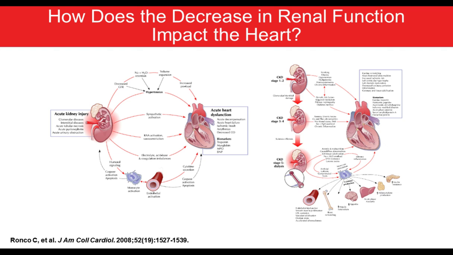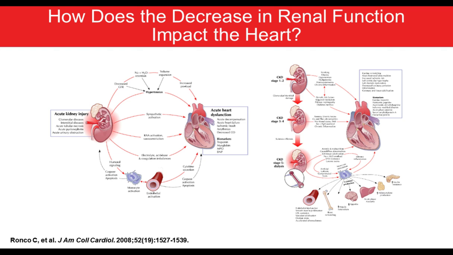Your sodium and water retention keeps on happening from the beginning of chronic kidney disease, and you're collecting salt and causing hypertension, which puts stress on the heart, causing left ventricular hypertrophy and medial vascular calcification. As you keep on having advanced kidney disease, these things keep going in circles and cause more damage to the heart.